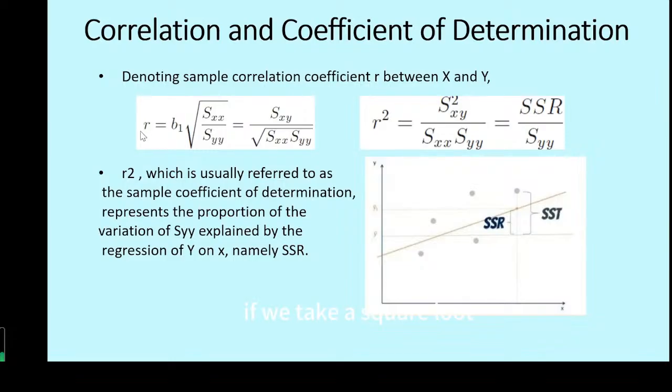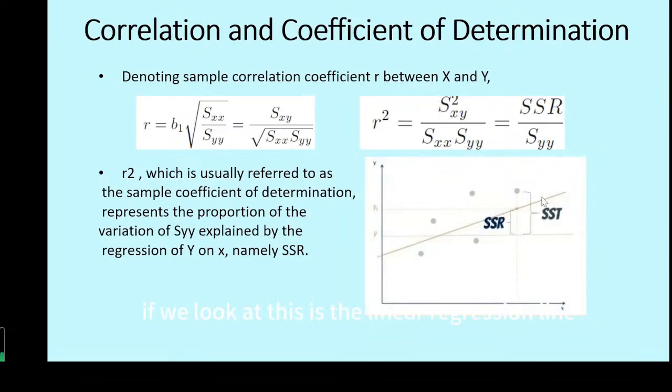And if we take the square of this R, it also has a meaning in the linear regression aspect: the value is SSR divided by SYY. What is SSR? SSR is the y variation explained by the linear regression model.